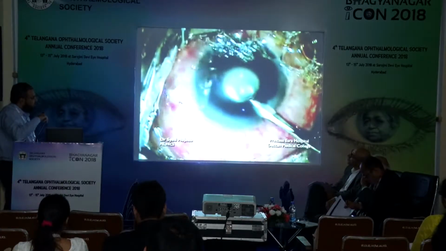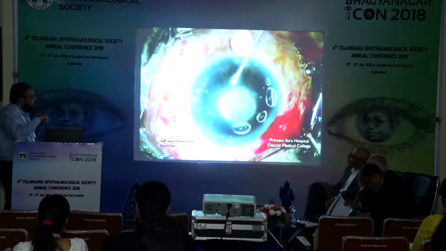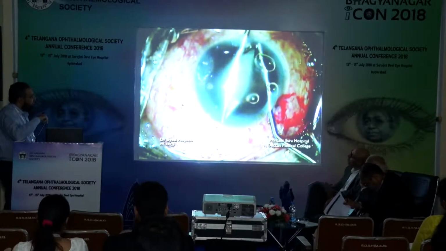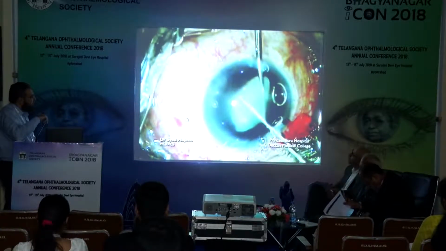So what I'm trying to do is initially just create some space and stretch the pupil. So I'm injecting Viscoat here, which is a cohesive-dispersive viscoelastic, and I'm using Kuglen hooks to stretch the pupil.